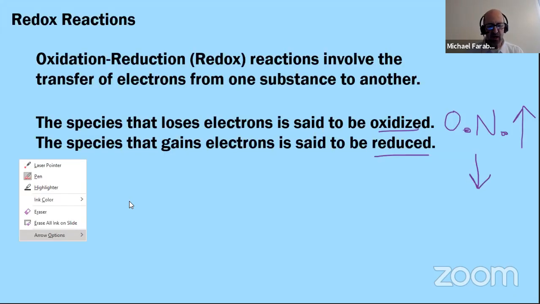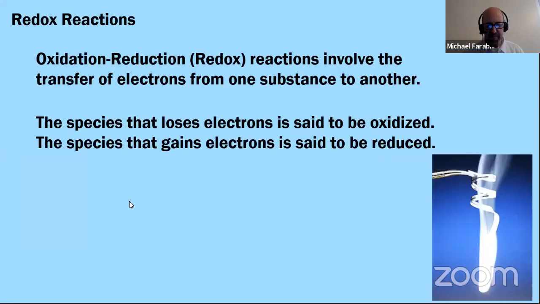All right, here's an example of a redox reaction. This is a piece of magnesium, and magnesium is being burned in the presence of oxygen gas. The product of this reaction is magnesium oxide. Here's your balanced chemical equation: Mg plus O2 to make MgO.